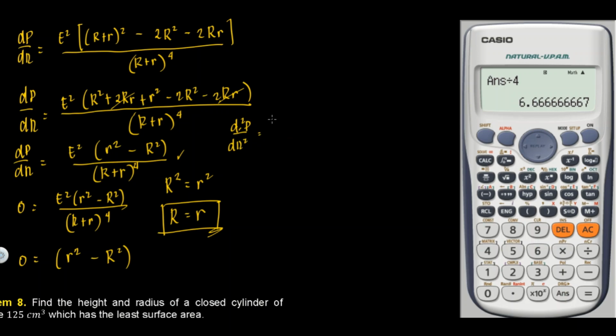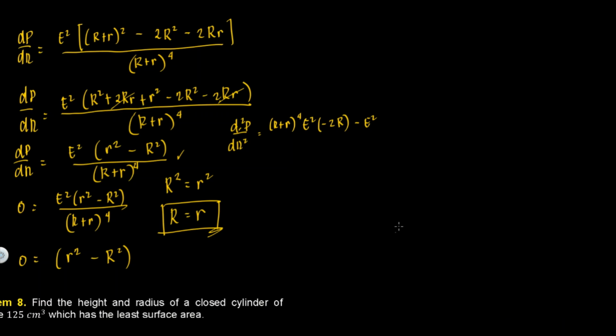V. So, (R plus r) raised to 4. Then, derivative of this with respect to R. So, we have E square times constant. So, minus 2R. Yun. Is 2R. Then, minus U dV. No? Then, E square. Okay. Yan. So, we have E square times, di ba?